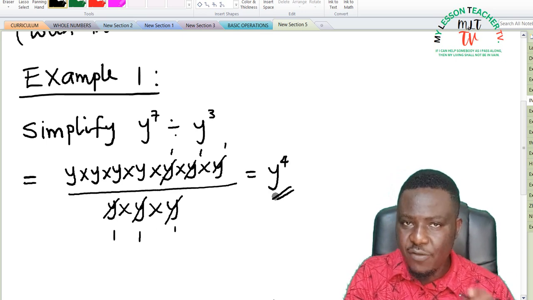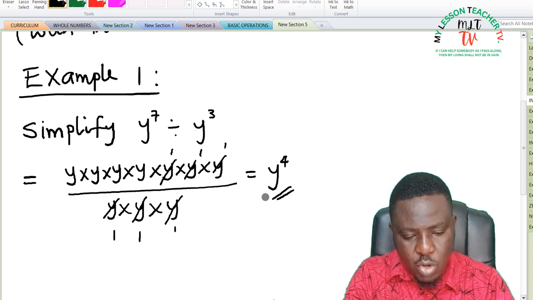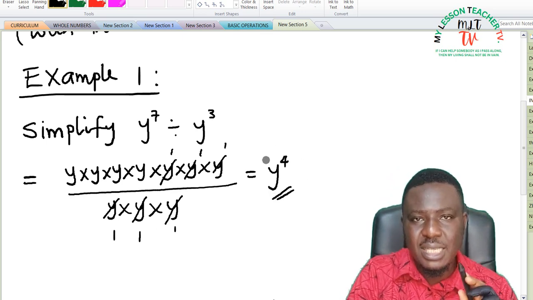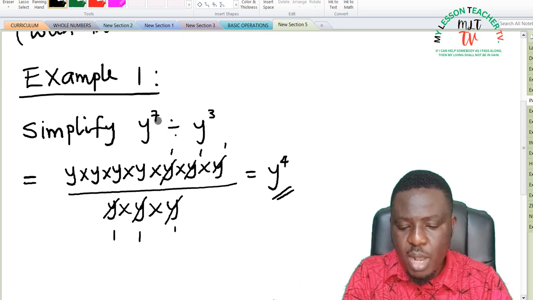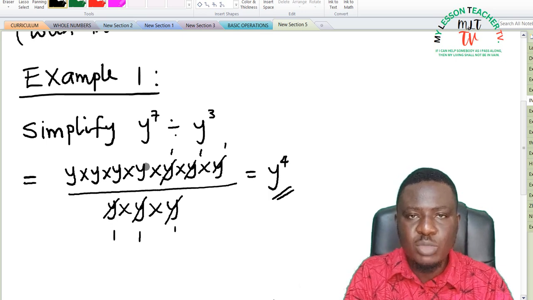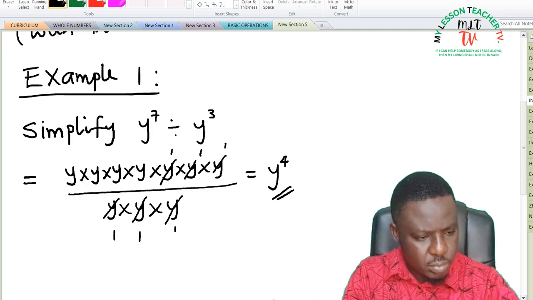Also, if you look very well, you will discover that the answer we got is equal to when you subtract the power of y raised to the power of 3 from y raised to the power of 7, when you subtract 3 from 7.